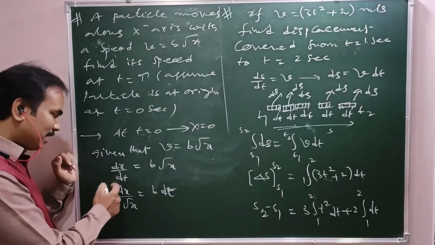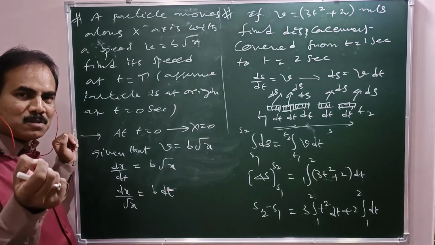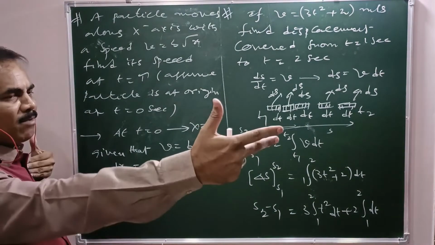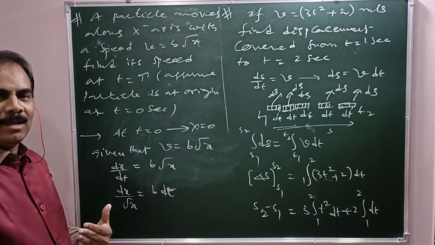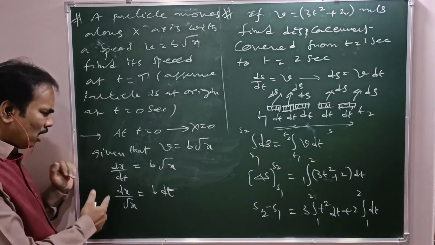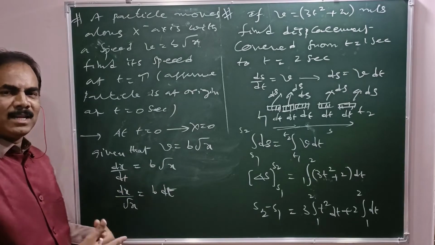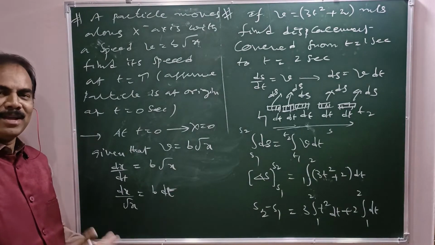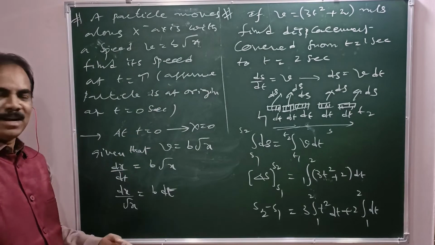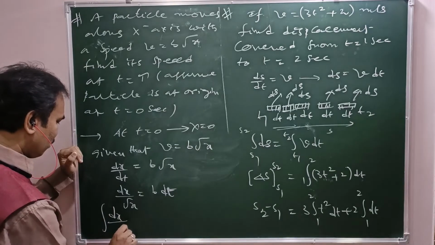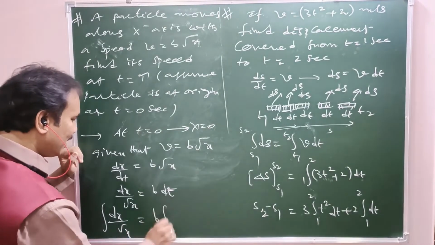So how to get that total displacement? By adding, that is, by summing, which mathematically is integration. So integral dx by root x equals b into integral dt.